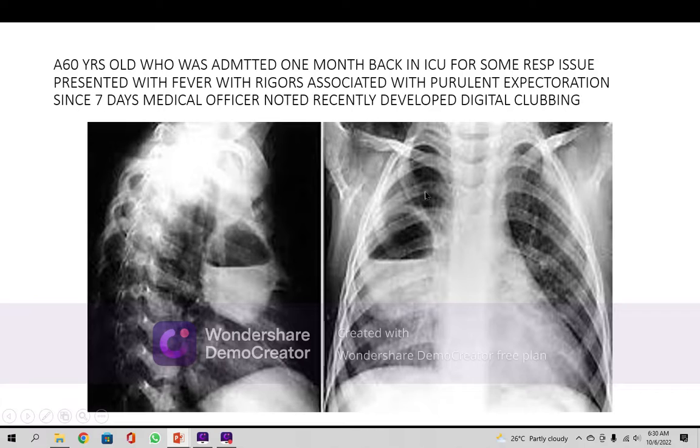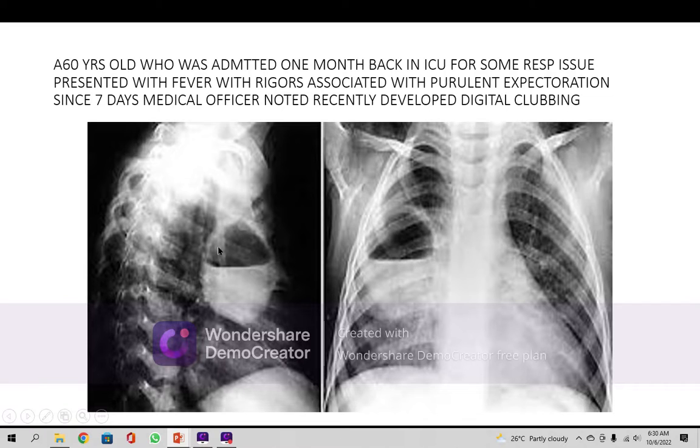The upper part is hypertransparent because of compensatory emphysema. The lesion described is a cavitating lesion. It's a big lesion involving the whole right middle zone. And this was the description given by me.